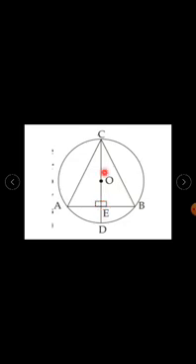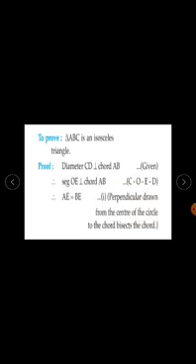If OE is perpendicular to chord AB, then AE is equal to BE, because perpendicular drawn from the center of the circle to the chord bisects the chord, and this is your equation 1.